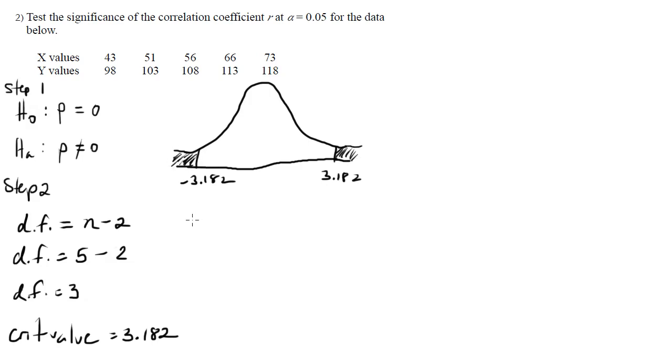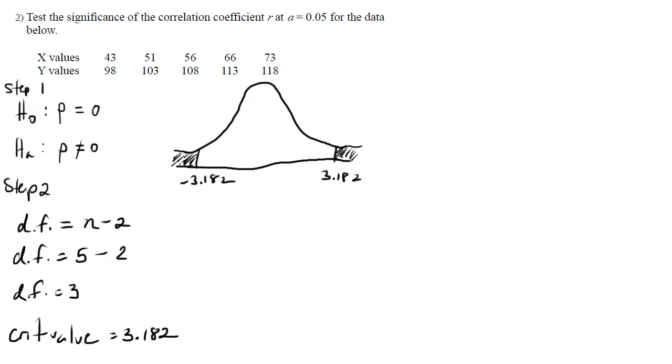In step 3, I'm going to calculate the test value. If that test value is less than negative 3.182 or greater than 3.182, if it falls in either of these regions, we're going to reject the null hypothesis, that the correlation coefficient is 0.